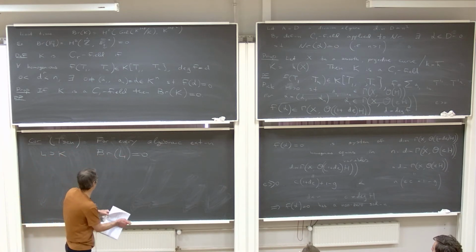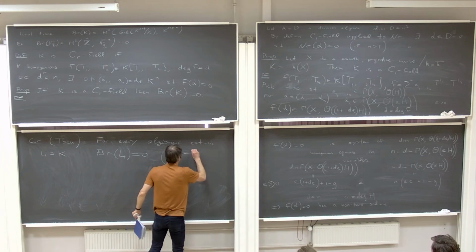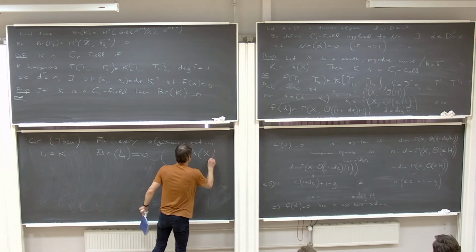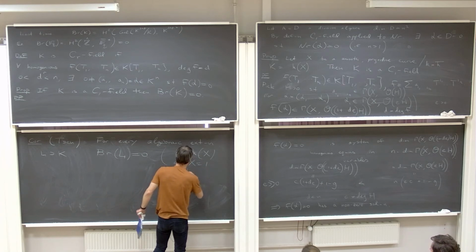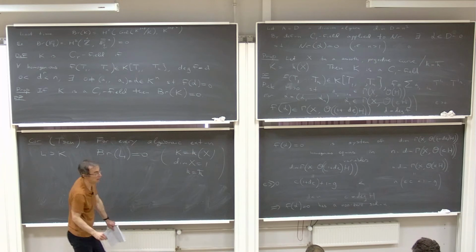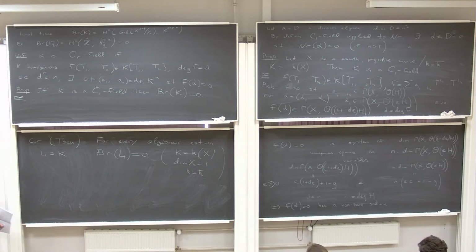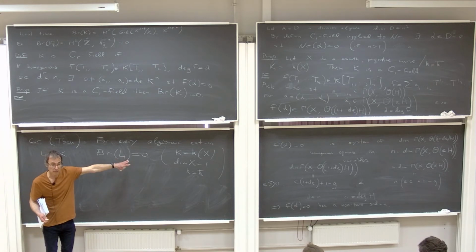K is K of X, dim X is 1, and K is algebraically closed. But then, if L is a finite extension, then it's itself the field of rational functions of a curve, right?